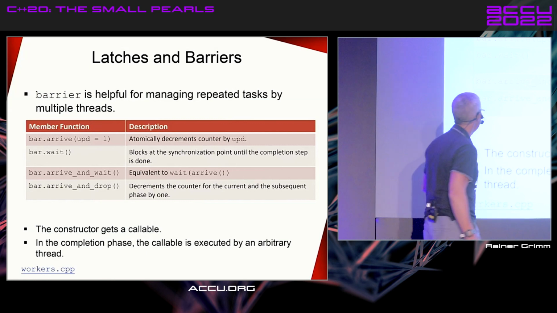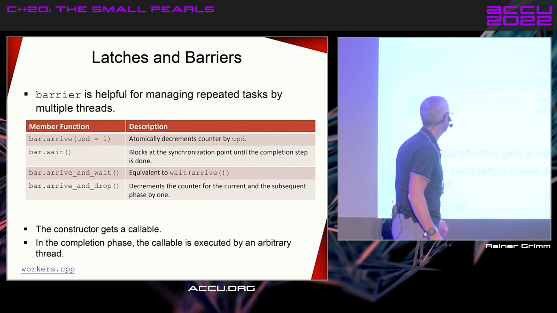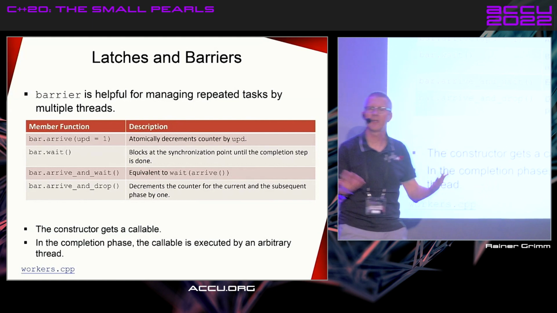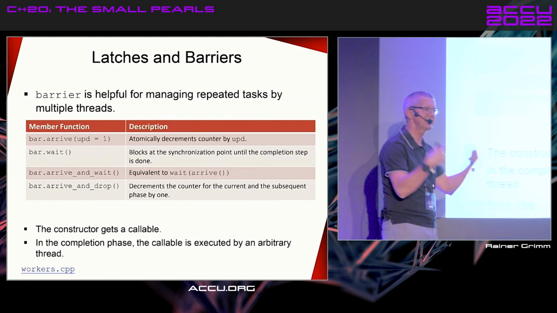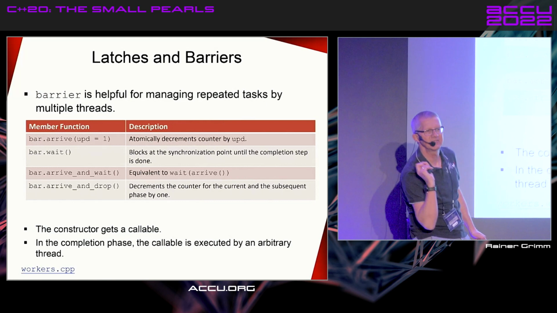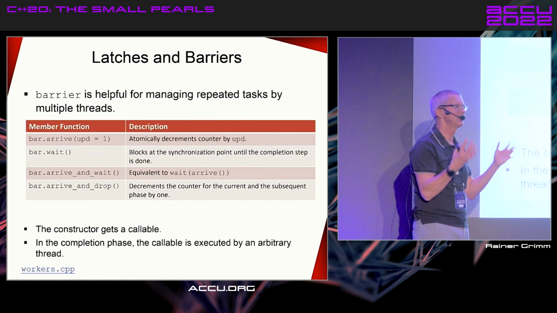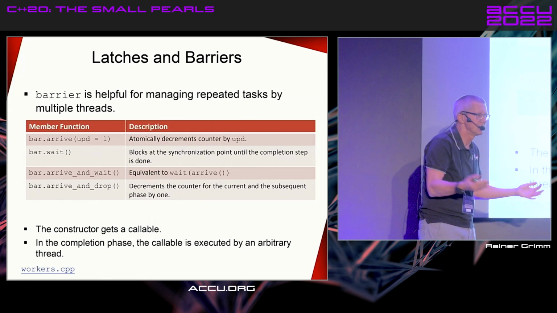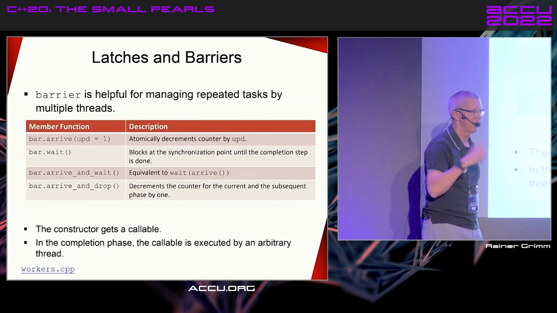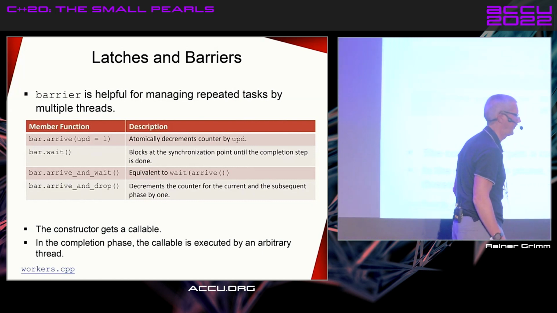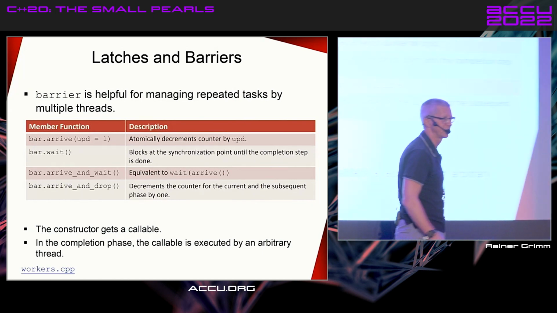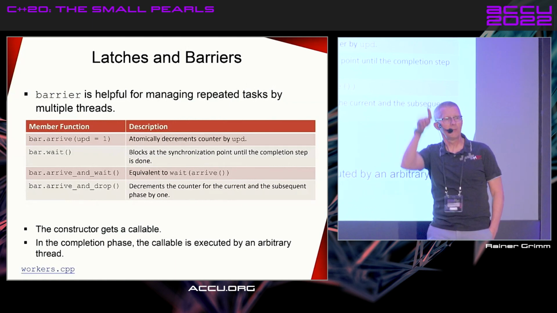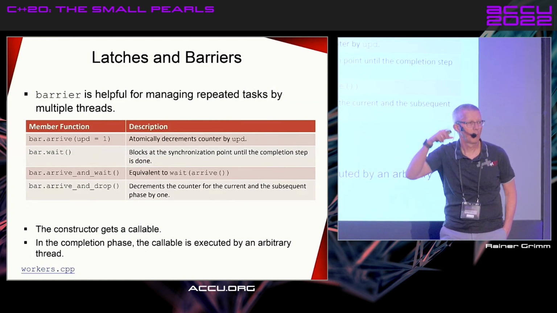This means when you create a barrier, you can also give the constructor of this barrier something invocable, a function, a lambda anyway. And this is invoked when the counter becomes 0 in the so-called completion phase. So one thread is awoken, it performs this function, and then it continues. But this is the additional functionality of a barrier, which you cannot do with a latch. Once more, barrier for more than one iteration, latch for one iteration.